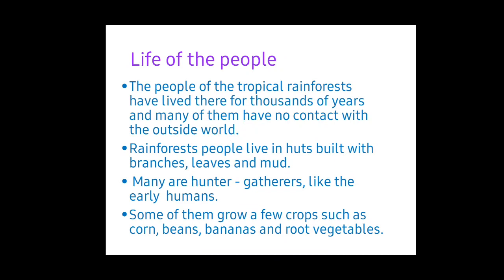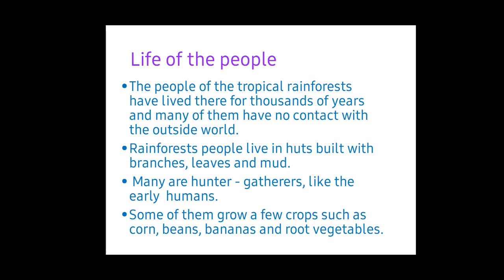The people of the tropical rainforest have lived there for thousands of years, and many of them have no contact with the outside world. So are people living there? Yes, but only a few people are living, not like a city or town. Rainforest people live in huts built with branches, leaves and mud.